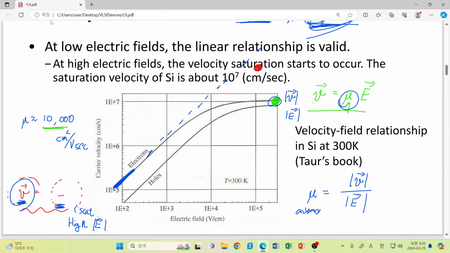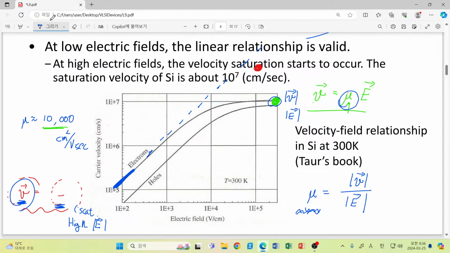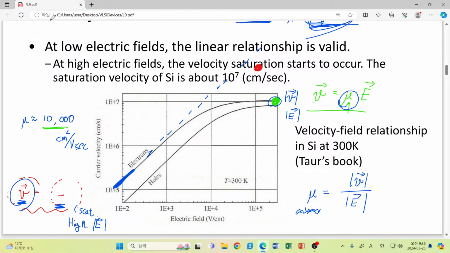Their ratio is sometimes defined as mobility. This kind of notation is also widely used, so it is challenging to distinguish two different concepts. Mobility in the rigorous sense should be regarded as just a linear relationship between your velocity and electric field at the low electric field limit.